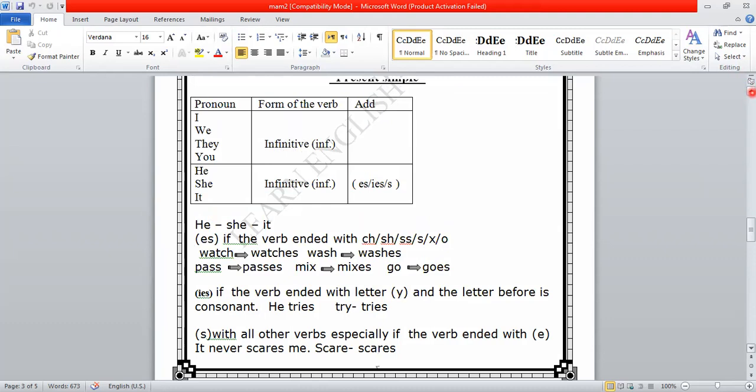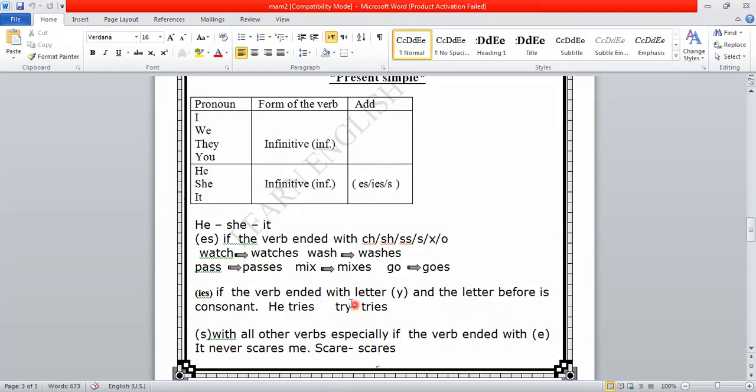Okay, when can we add ies, the second one? If the verb ends with the letter y and the letter before is a consonant, not a vowel. Again, if the verb ends with y and the letter before is a consonant.